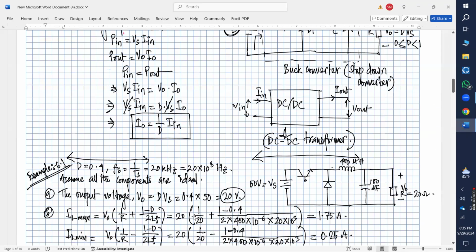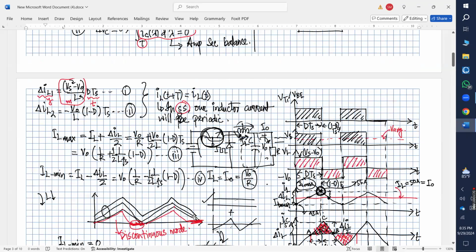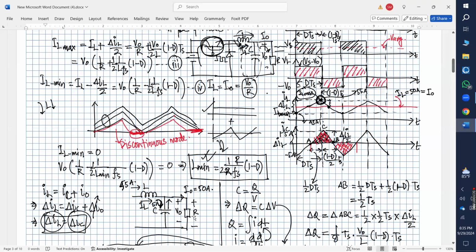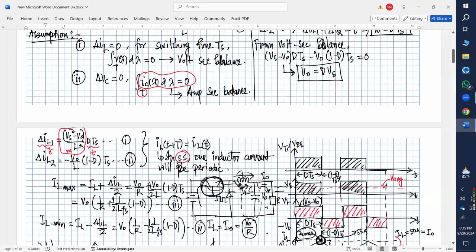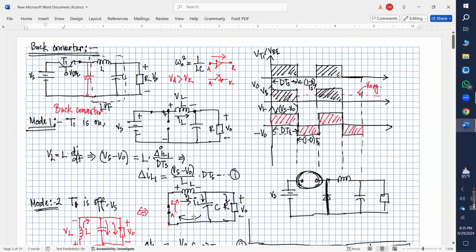Now, when the transistor is operating, what will happen to the diode? This diode should be operating in open circuit, right?